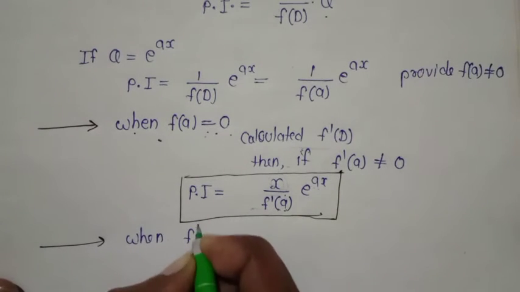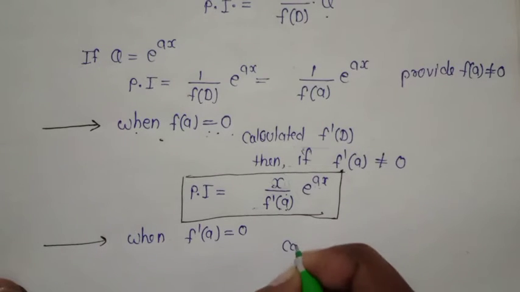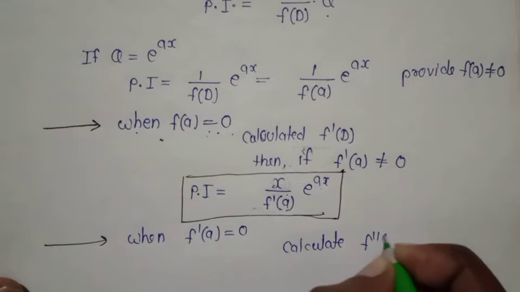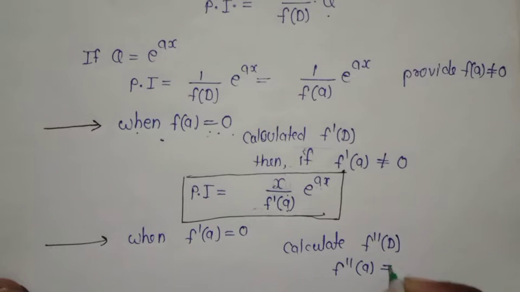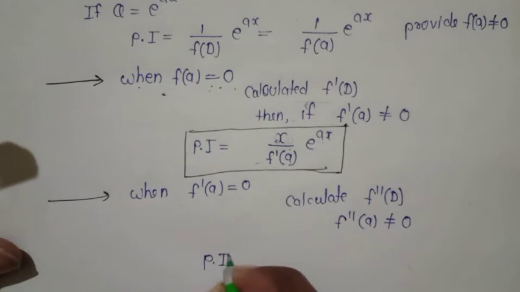When f dash a is equal to 0, then what can we do? Then we calculate f double dash D and check, after putting D is equal to a, whether it is 0 or not. If it is not equal to 0, then we can apply the further method. In that case PI becomes x square.